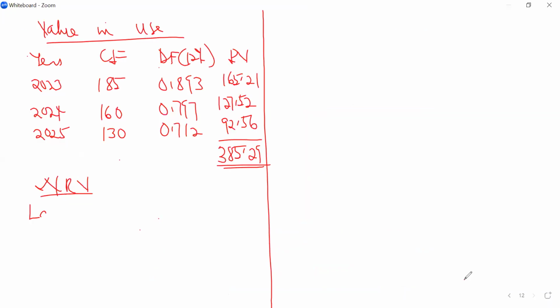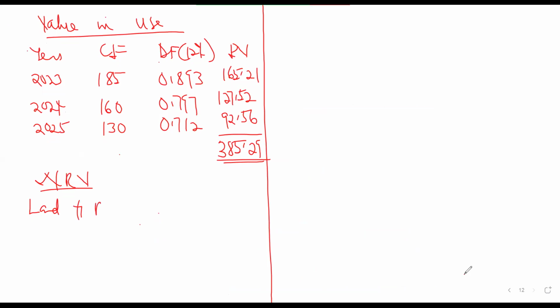So you have your land and building. How much are we selling it for? 270. And plant and machinery will be 50.